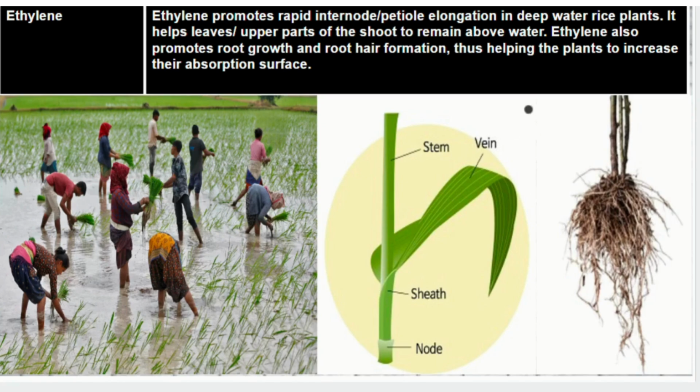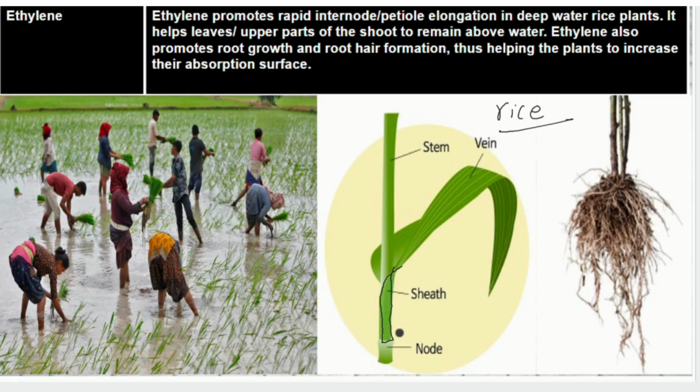Rice is a monocot plant, and in a monocot plant there is no petiole. The leaf base extends to form a sheath-like structure. So how does the length of the monocot stem increase?